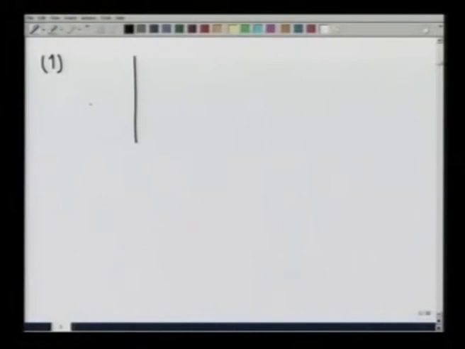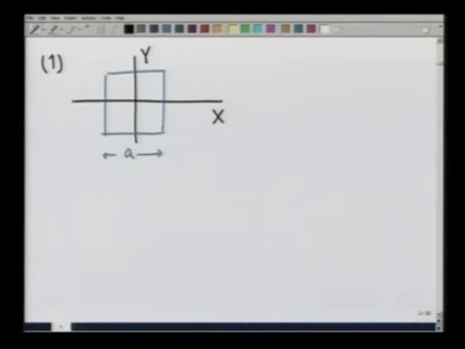Let us now work out some examples of how to calculate these. As the first example, I take a square of side A and calculate for it the moment of area about the x axis and about the y axis and its product of area. Ixx is equal to, by definition, integral y square dA.